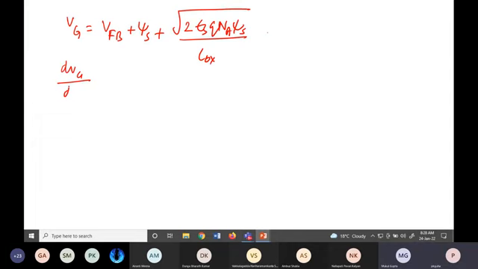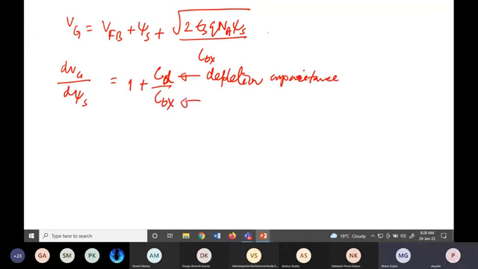Similarly, where this CD is the depletion capacitance and COX is the gate oxide capacitance.